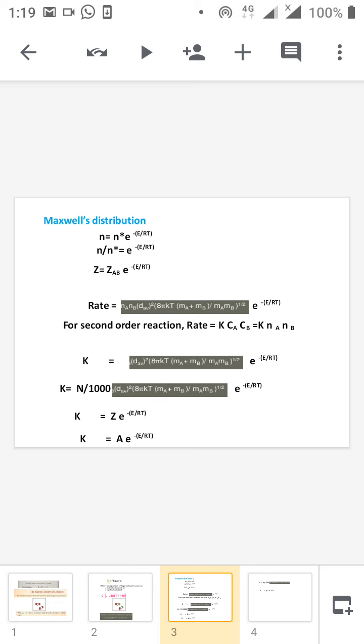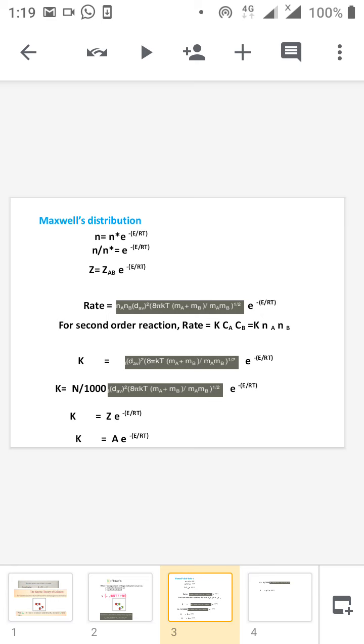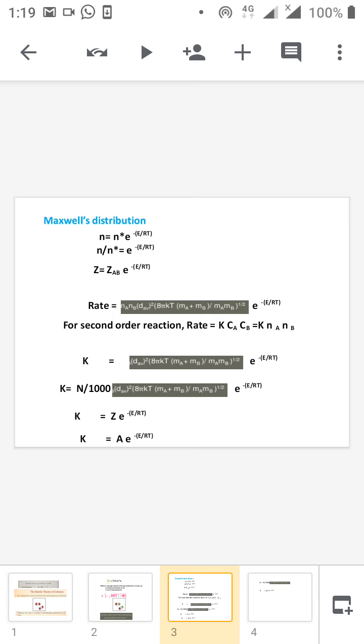from the Maxwell distribution law, it can be shown that if n is the total number of molecules per centimeter cube in a gaseous state at T Kelvin, we can represent the Maxwell distribution law as n is equal to n star into e to the power E divided by RT, where n is the total number of molecules per centimeter cube, whereas n star is the number of molecules having the energy E. So n by n star is equal to e to the power E divided by RT.